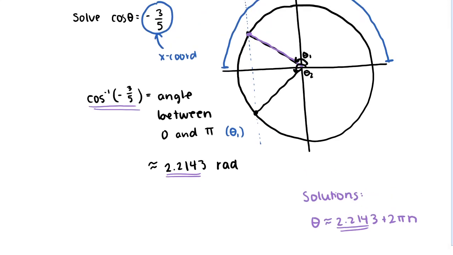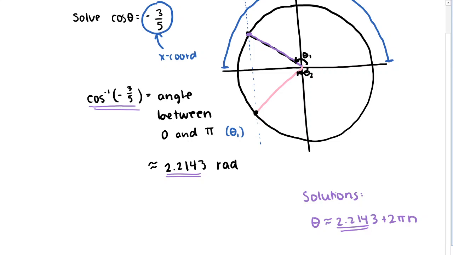When we were trying to solve an equation, we want to find all the solutions, and there's another solution out here. And actually, here I said theta 2 should be this angle, but it might be simpler if we let theta 2 be the negative angle. Because cosine of an angle and cosine of the negative of that angle give the same result.